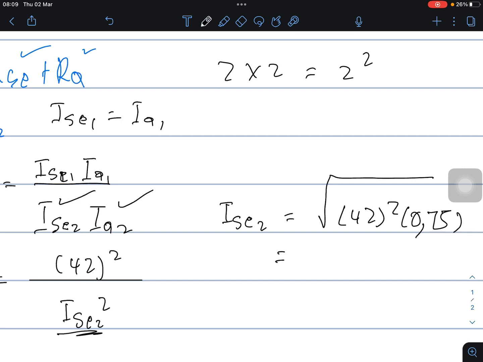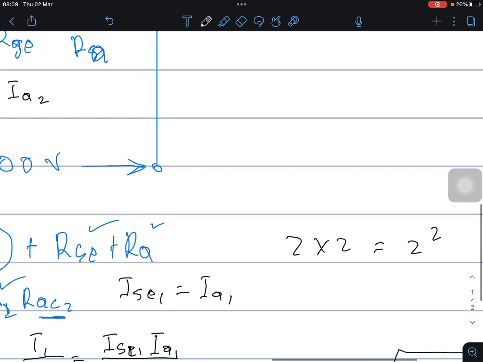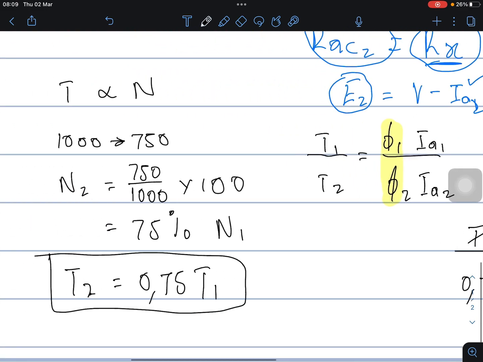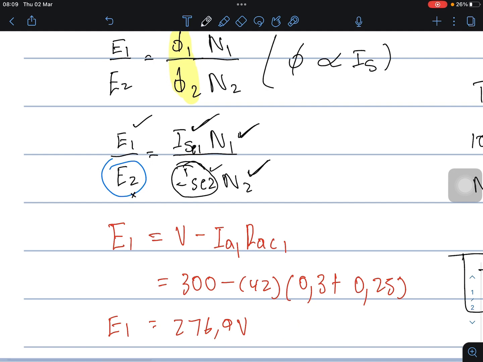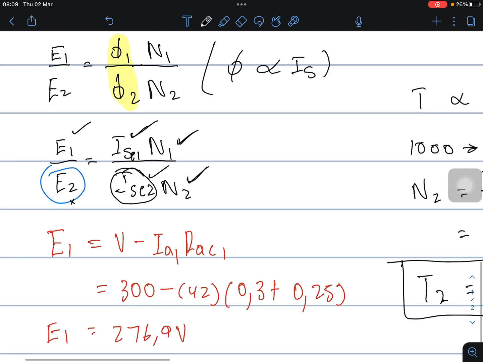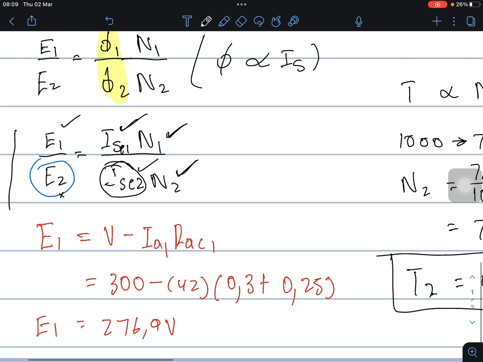Let me just punch it in the calculator. So the current is about 36.373 amps. Now that we have calculated this, we can find E2 by using this equation.